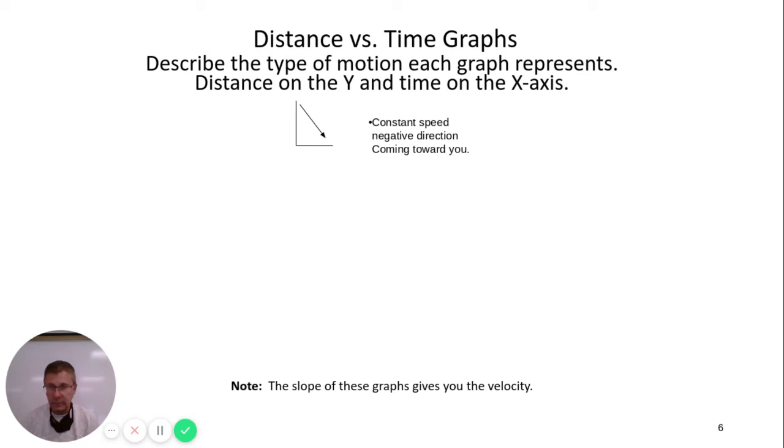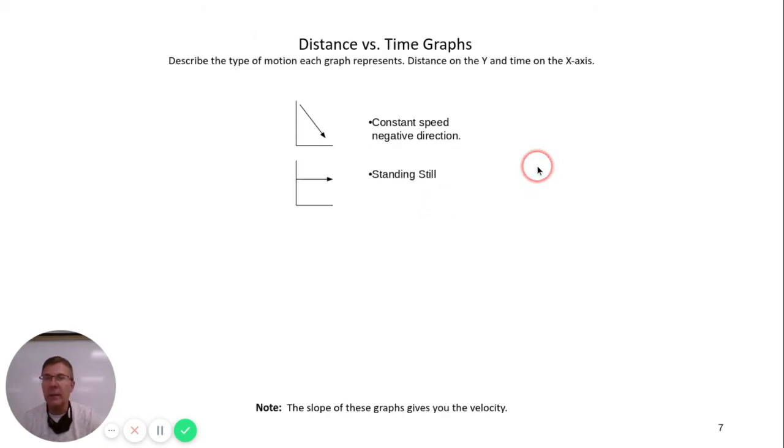To you, the ball's coming towards you, so it's getting closer and closer. And if you think about this axis, what is on this axis? 0. 0 meters is where you're standing. So the ball's coming to you. If you're playing catch, this is someone throwing a ball to you. It's moving at constant speed. There's no curve.